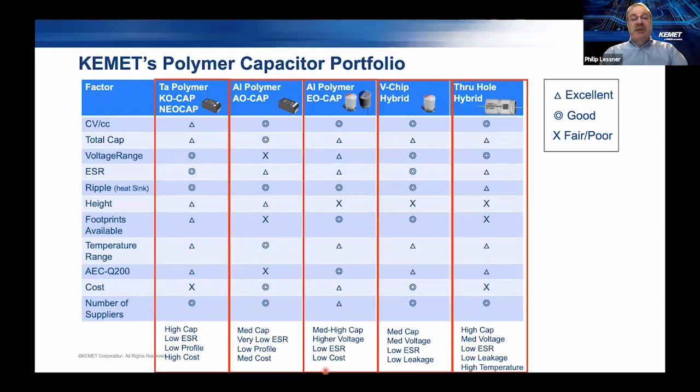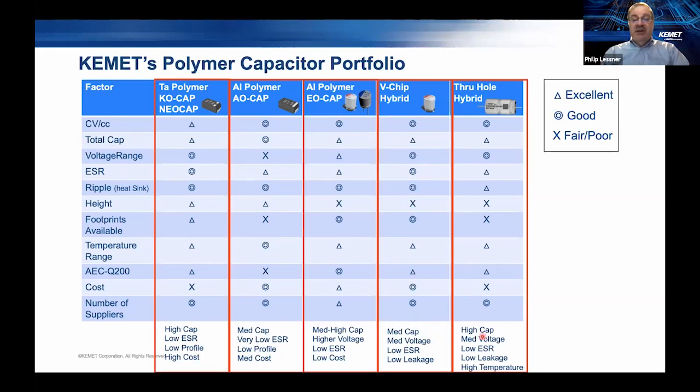And they can also be a low cost solution, but the drawback is they're generally larger than these other two options. And as we move into the hybrid versions, which have, as I said, the wet electrolyte and also the solid polymer, those have the advantages of very low leakage compared to some of these other options.